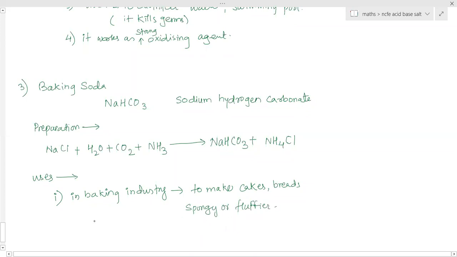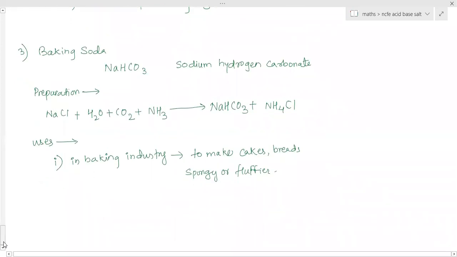The breads and cakes become spongy because of the addition of baking soda. What is the main reason behind it? Anyone have an idea, or interested in cooking? Ma'am, it produces carbon dioxide. Okay, then the carbon dioxide is not able to escape, so it makes the breads or cakes fluffy.